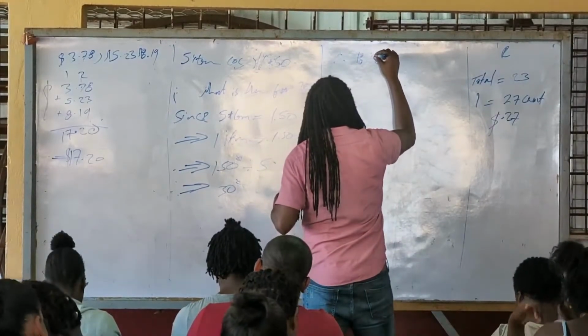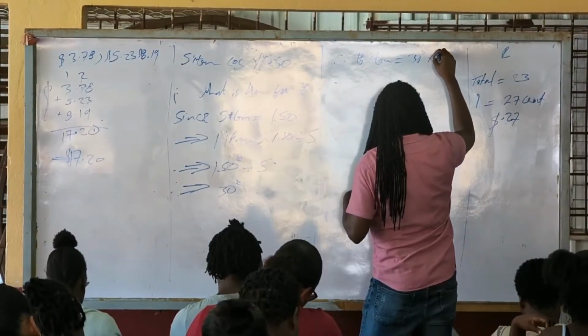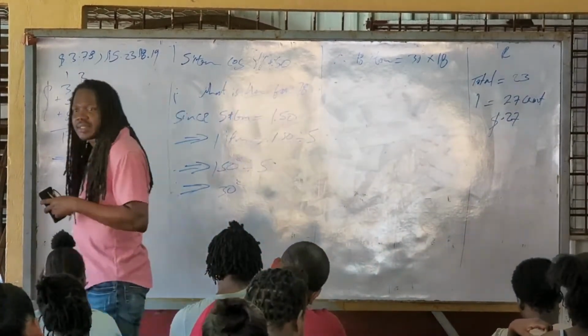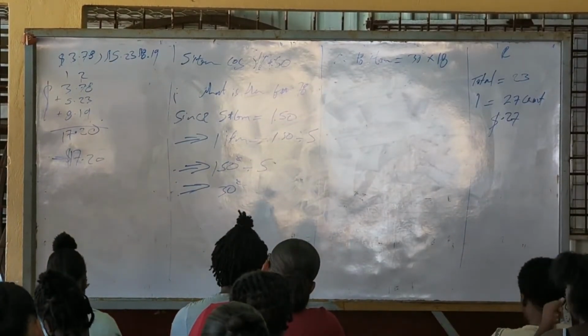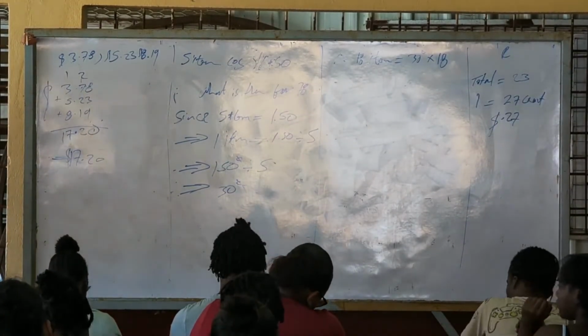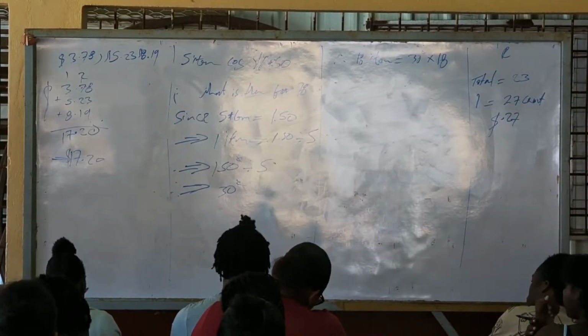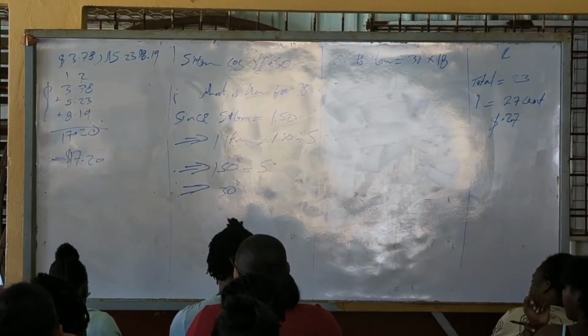18 items equal 30 cents times 18. How do we know to use times? Because 18 is more than 1. And what are the functions of more? Add and multiply.